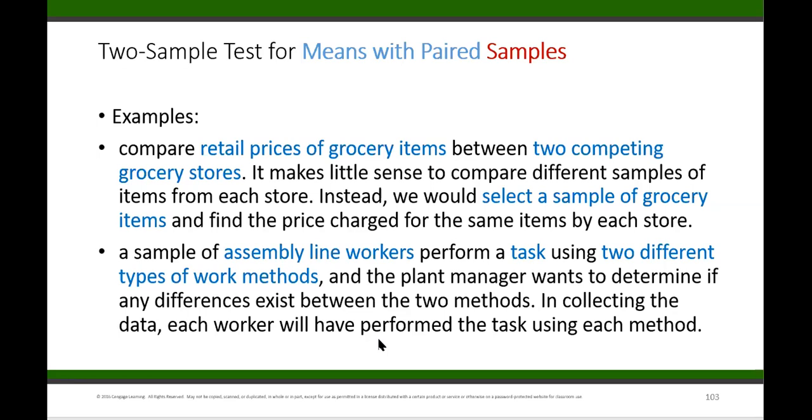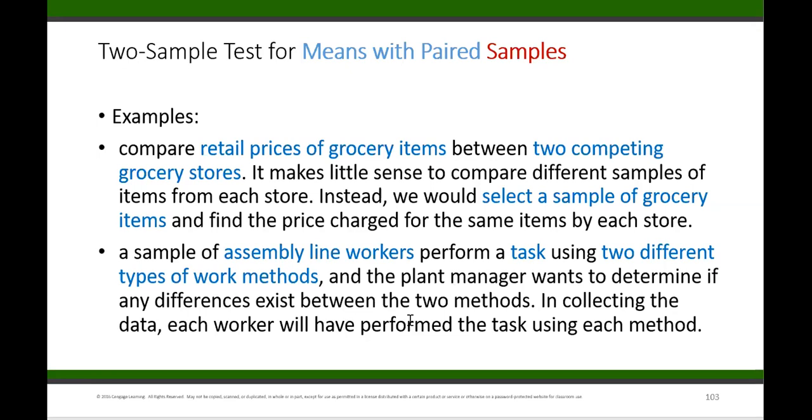So before and after recording of the data, and then comparing this before and after type of data. So this type of test, the paired sample test, is also called before after analysis.